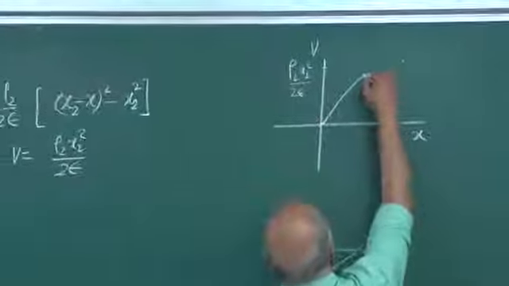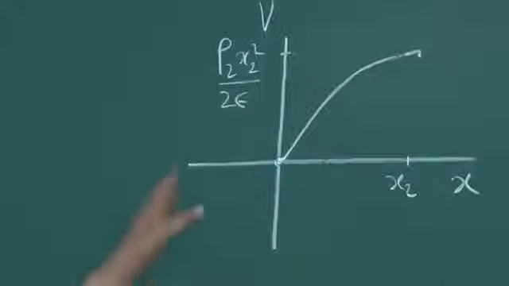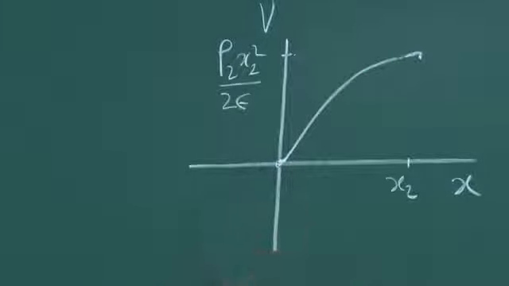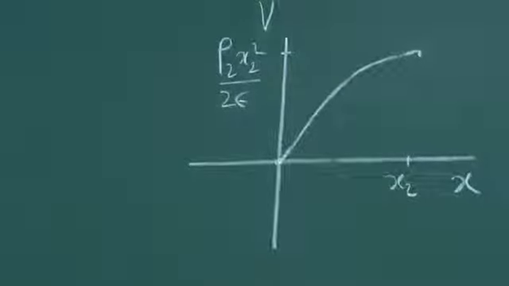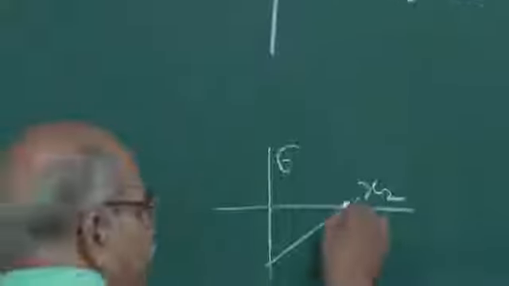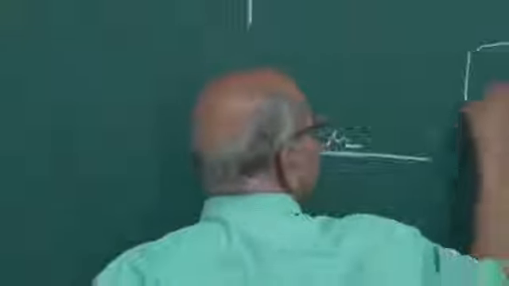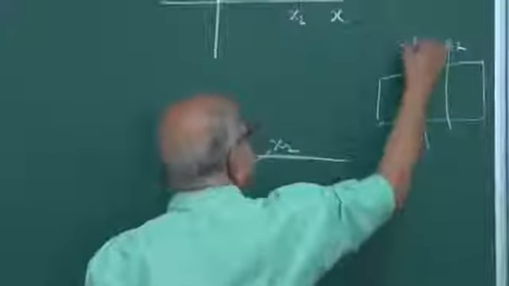It should be of this kind. So that should be the kind of plot, quadratic, joining this point, with the slope gradually decreasing as you increase x, and beyond x2, right? Beyond x2, that means in your PN junction, this is x2 and this is minus x1.